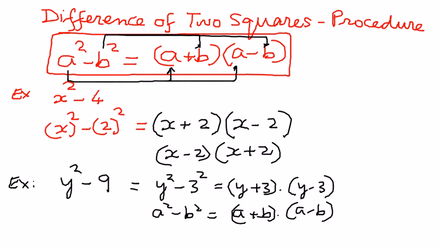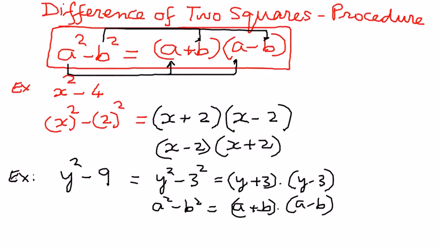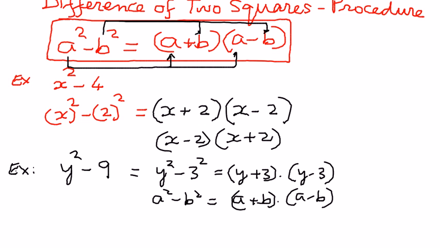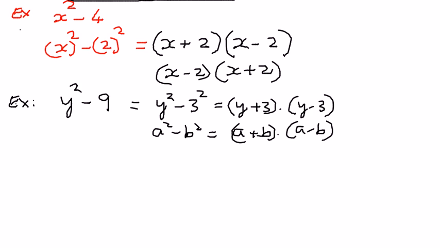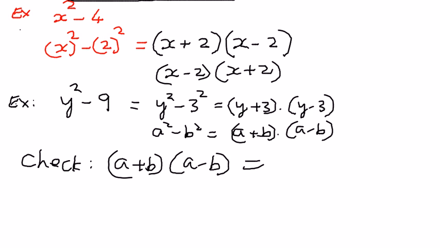Now, we can also check our result to see whether we are on the right track. If we have A plus B times A minus B, do we get A squared minus B squared? We can check it out. Let's check that: A plus B times A minus B is equal to A squared minus B squared.